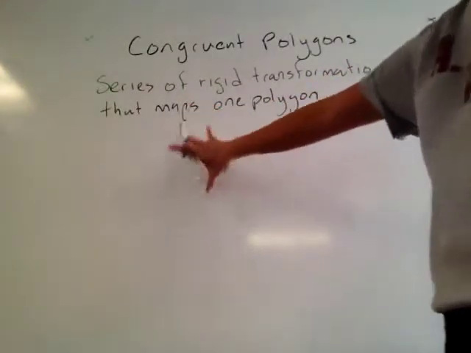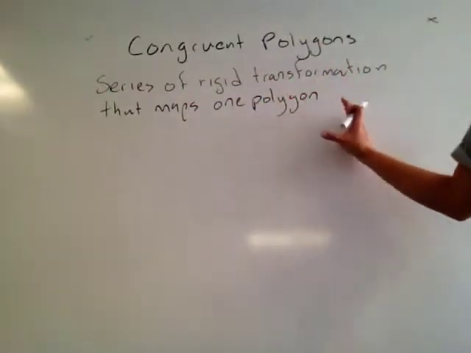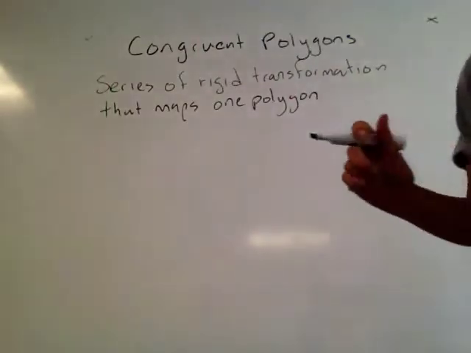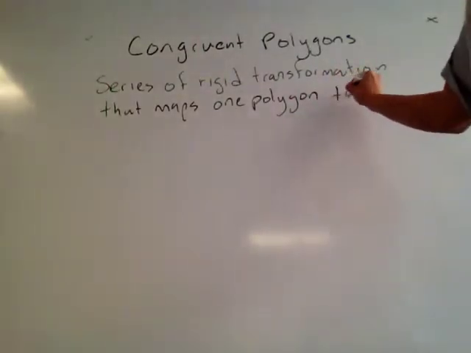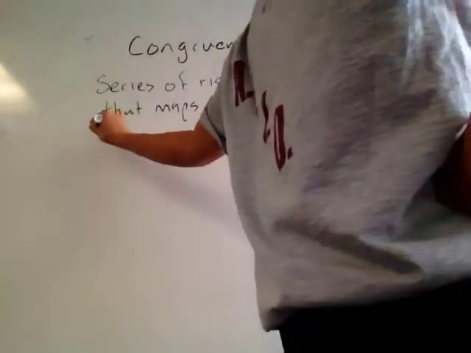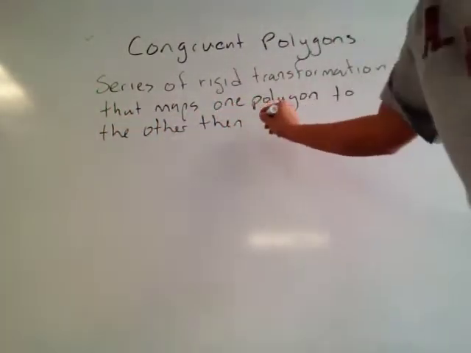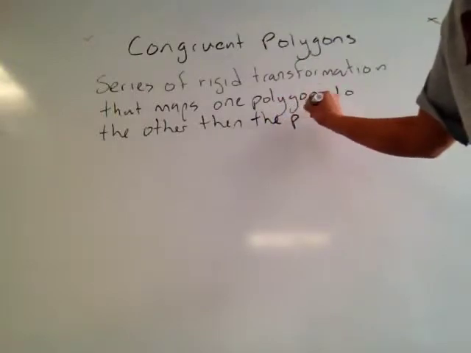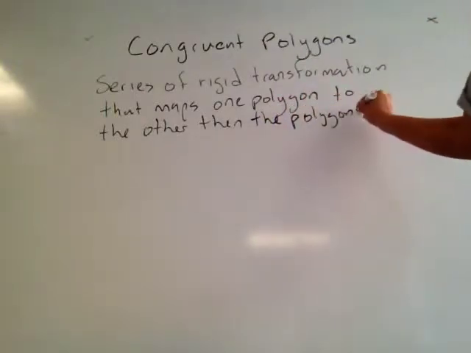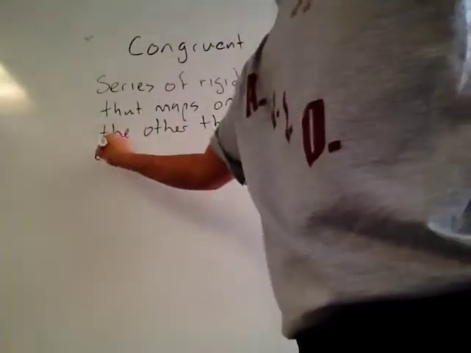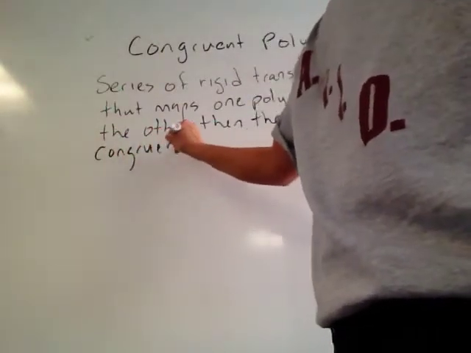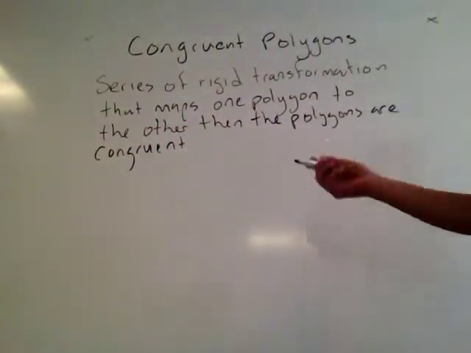And mapping just means it's sending all of the parts from one to the other. Then the two polygons are congruent. So that's that idea of we've been looking at transformations. So in other words, it kind of makes sense.